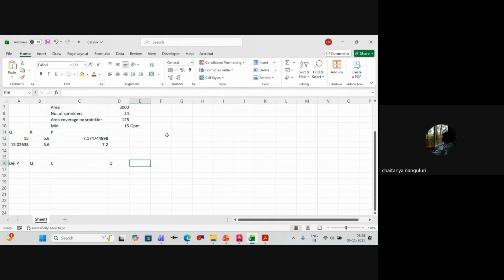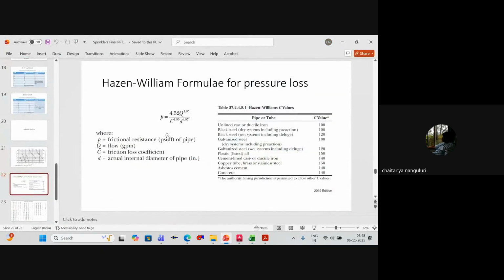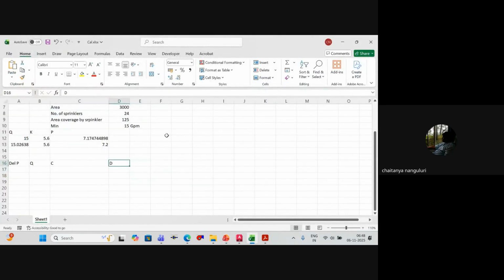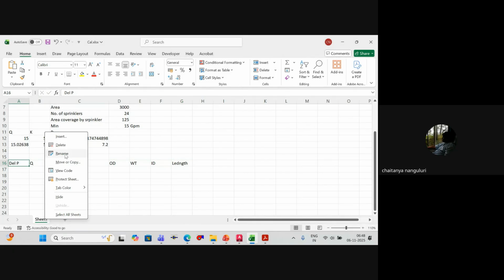So diameter is basically your internal diameter. For me to calculate the internal diameter, don't you think I require your outer diameter and the wall thickness? Then I'll get my internal diameter. And then we'll take the length. Shall I make it another sheet? Because that is better.